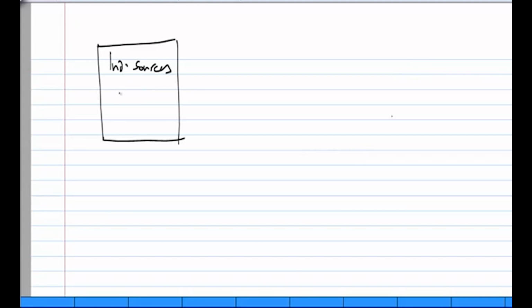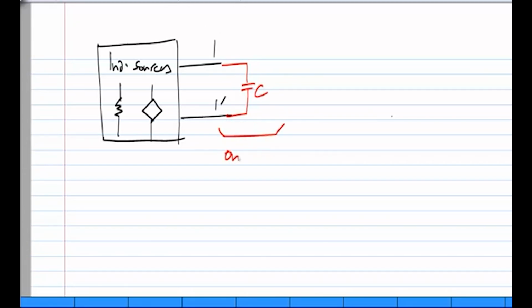And finally, calculating the time constant is also very easy. So let's say we have any circuit with independent sources, then resistors and control sources, and we have two terminals available to us, and across these we connect a capacitor. This is the only capacitor in the circuit.